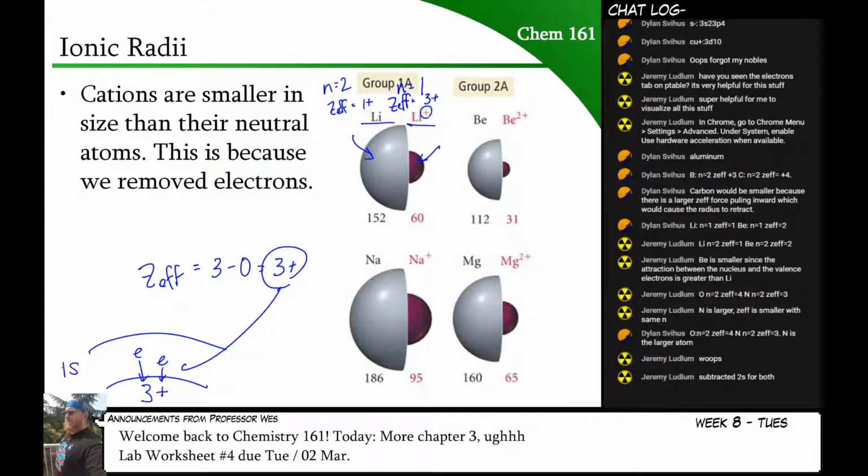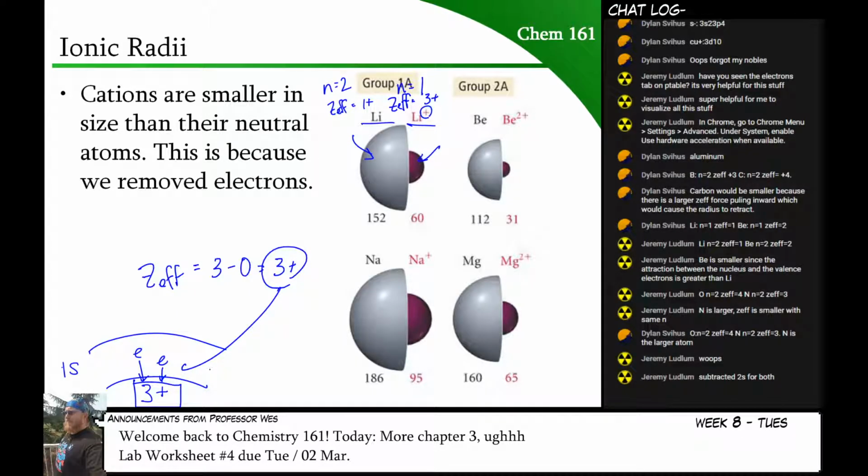So if I ionize something and remove electrons, then both of these things are going to get bigger, right? And so ions get smaller as you remove electrons because the number of protons in the center that is pulling on the electrons is now spread across fewer electrons. And it's going to pull them closer and closer and closer and closer.